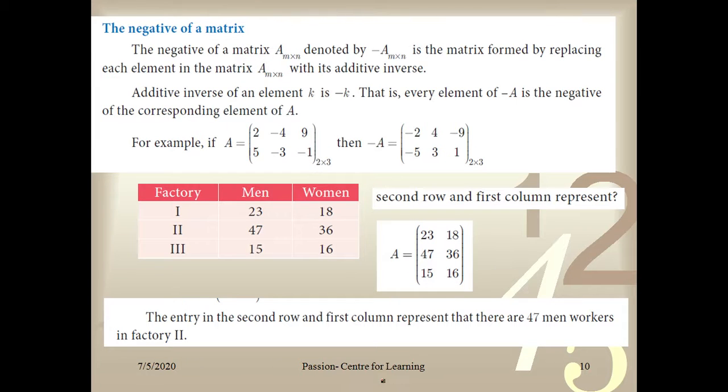Okay, the negative of a matrix. This is also important. If I'm asking for the negative of a matrix A, it is replaced with minus A, which means it is the additive inverse.